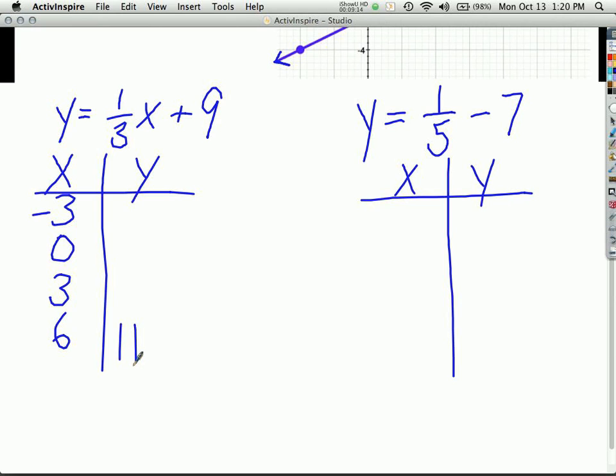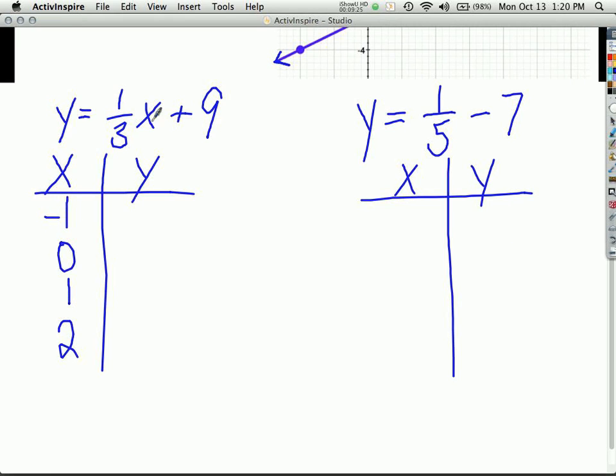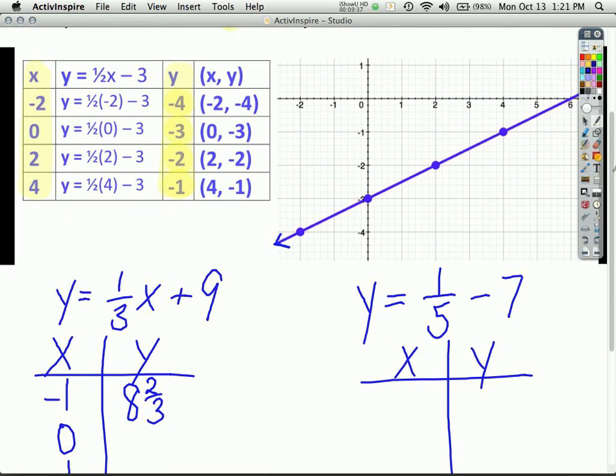If I chose -1, 0, 1, and 2, look how messy this becomes. -1 times 1/3 is -1/3. Plus that, I get 8 2/3. Is that easy to graph? No, because look at where I would have to go. -1, 8 2/3.